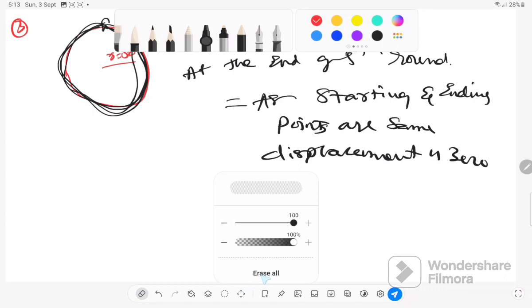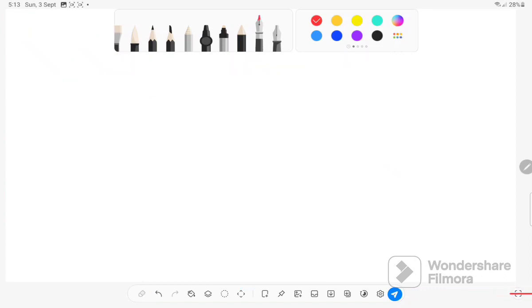So now we are going to discuss our fourth question of today's class, that is, a monkey is traveling on a circular path of radius 80 meters. So the path is circular, whose radius is 80 meter. Calculate the distance covered by the monkey in one complete cycle.